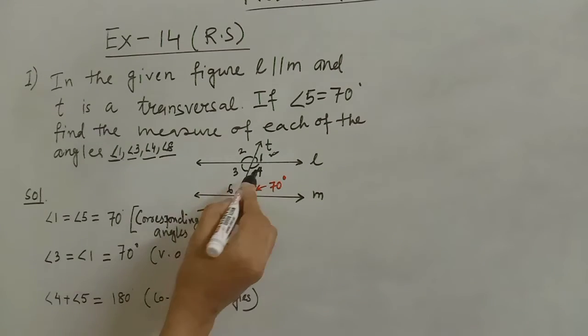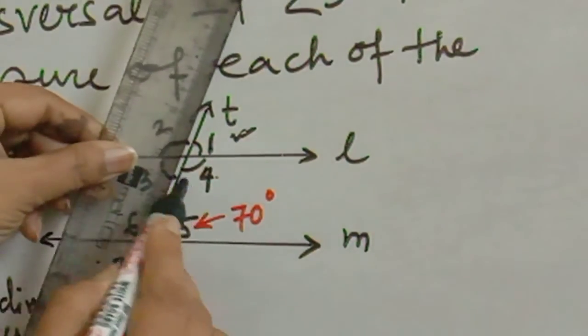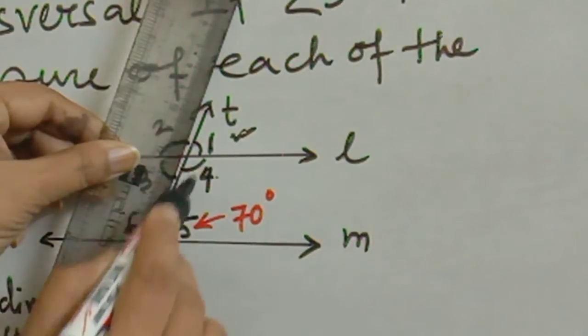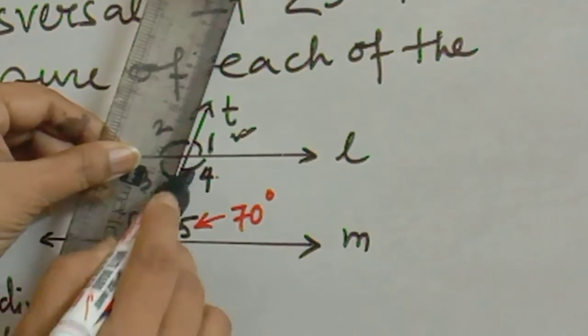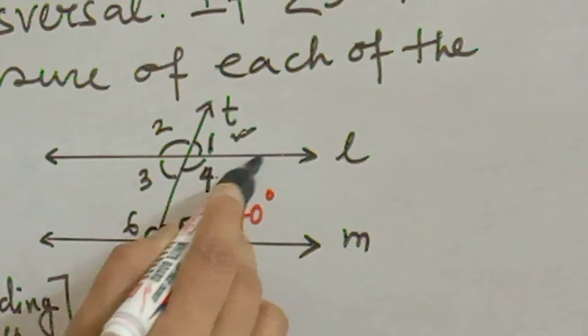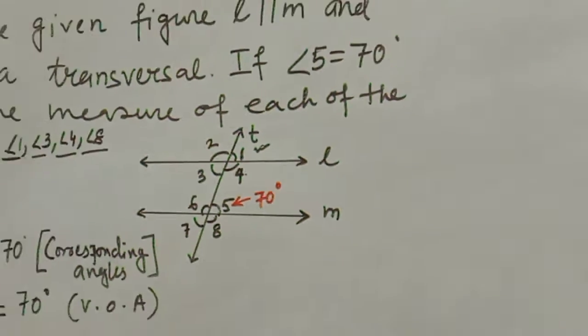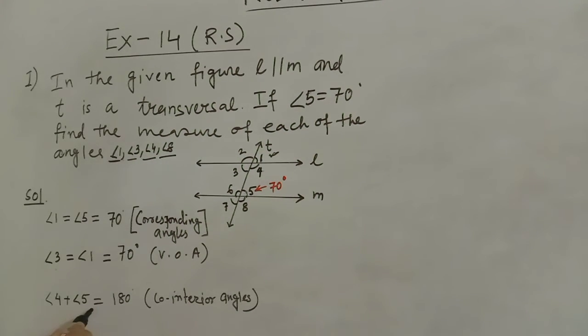Now angle 4, you have to find angle 4 also. See the position of angle 4. They are the interior angles on the same side of the transversal. That means they are consecutive interior angles. And you know that if the lines are parallel, then consecutive interior angles are supplementary. So we can write that angle 4 plus angle 5 is equal to 180 degree. You don't know the value of 4.